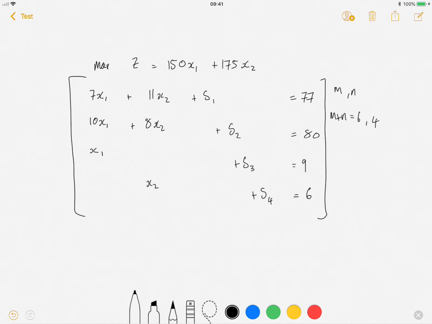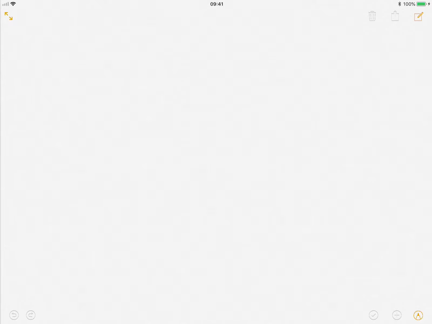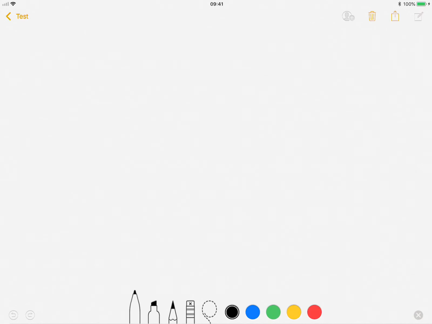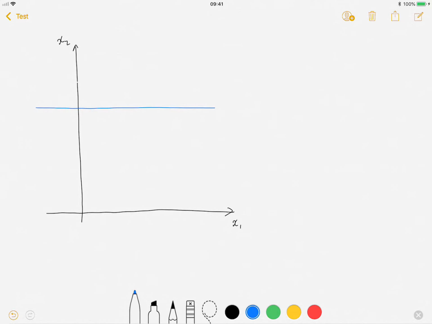Now, at this point, I'm going to redraw our graphical solution, where we had our graph, x1, x2, with something looking like this.